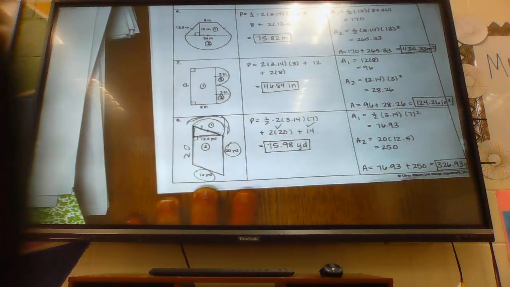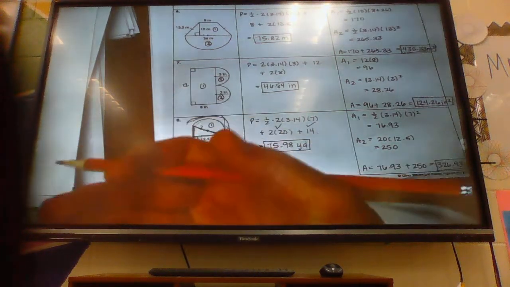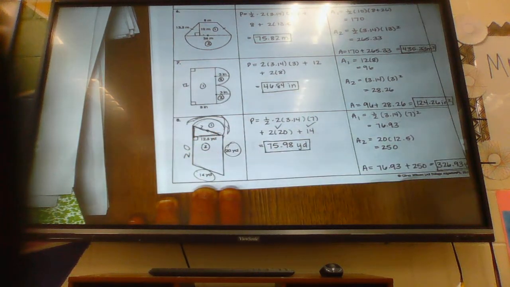So what's the formula for finding circumference of a semicircle? D times pi, divided by 2. Correct, right? It's usually plus d, right? But we leave that out for finding circumference.